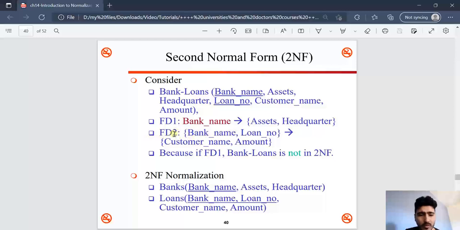So we have no problem with FD2, but we have a problem with FD1, and we solve that problem by separating all these attributes into a separate relation called banks. And the bank loans relation, we rename it to be loans. So the remaining attributes will go here, and only these three attributes will go to the banks relation.